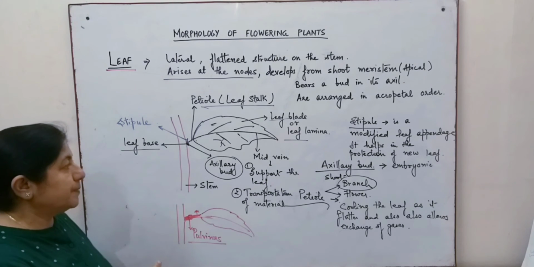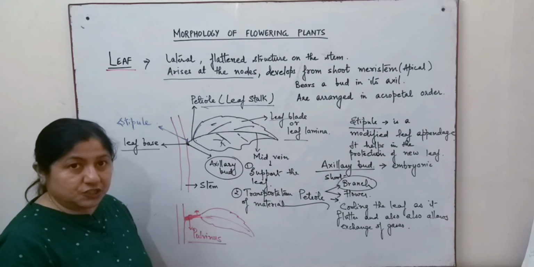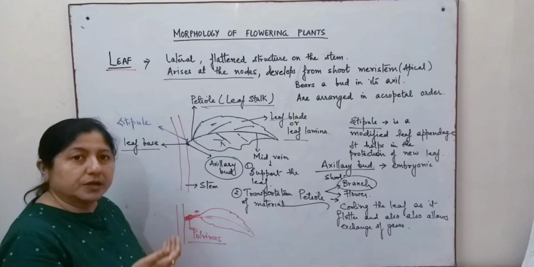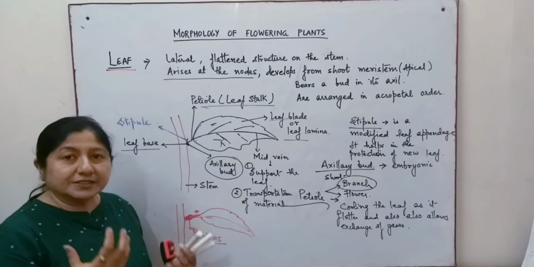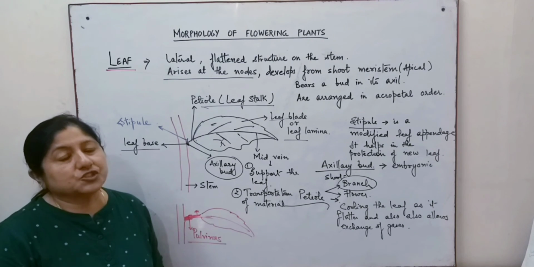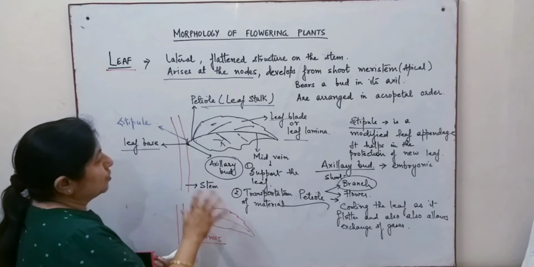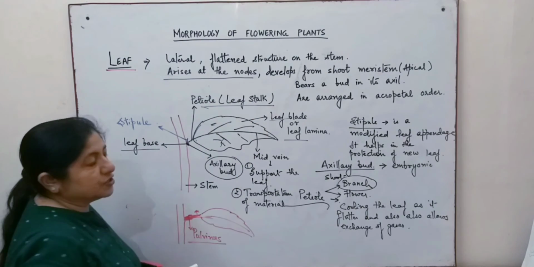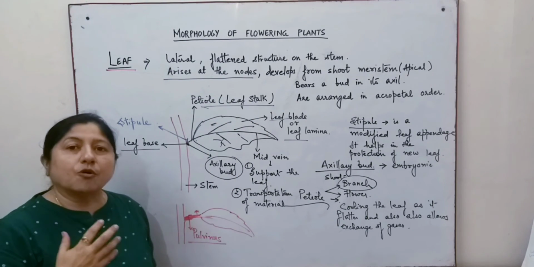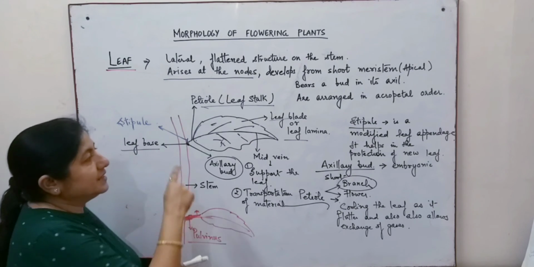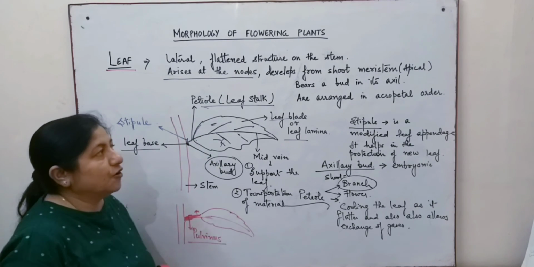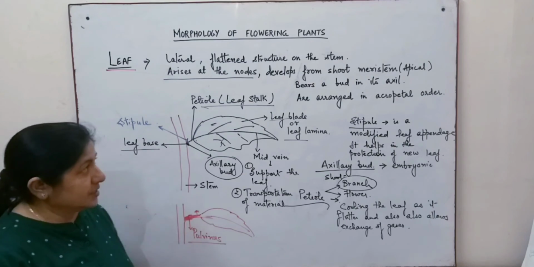Also, in certain plants, monocot especially, we find that the leaf is covered by a sheath. So there are different modifications in the leaf also, but these are the major structures which we find in all the leaves, and these are the main site for performing the photosynthesis.